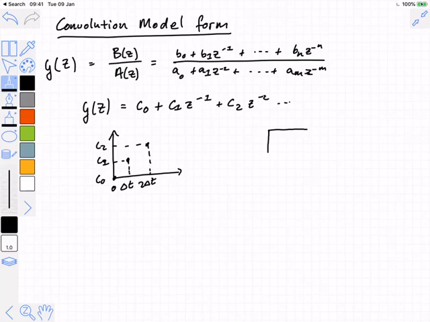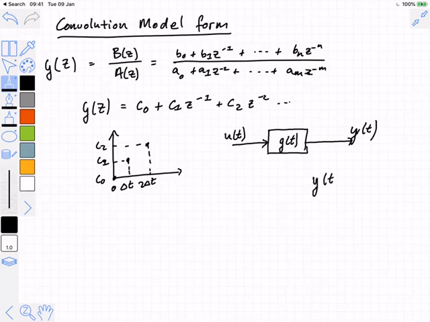And I want you to see the parallel between these two model types. So in other words, when we had u of t and some impulse response of time in the box, and we had y of t outside, we would write y of t is equal to the convolution integral g of t times u of t.